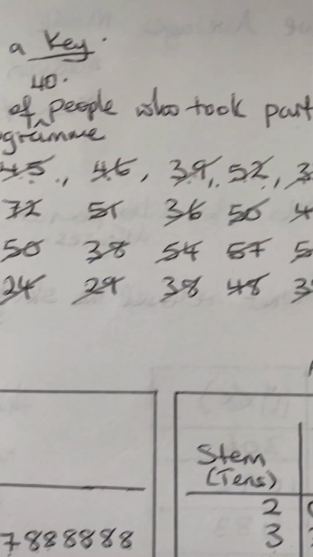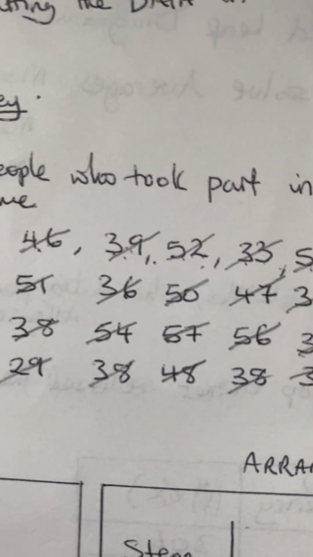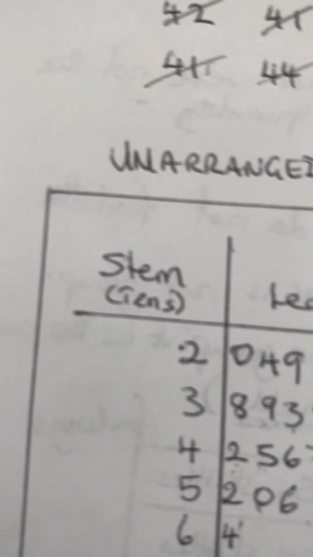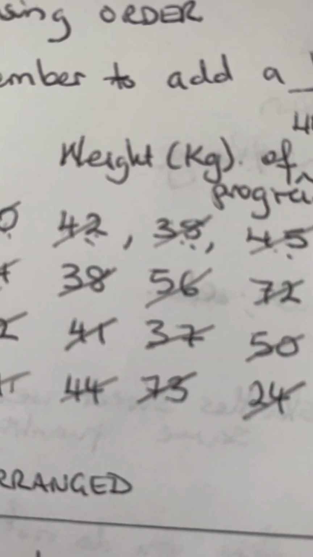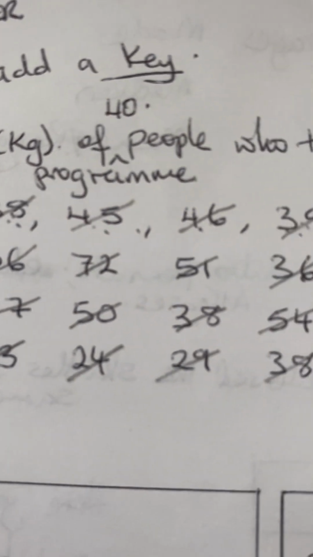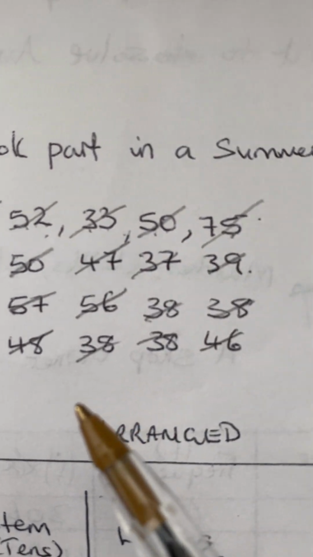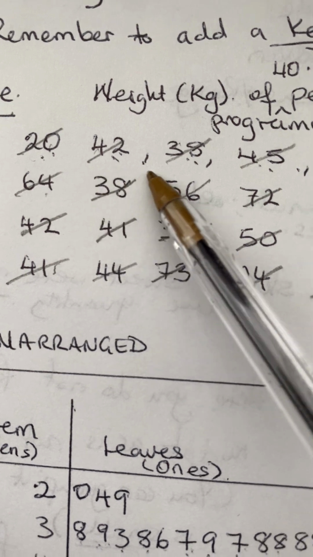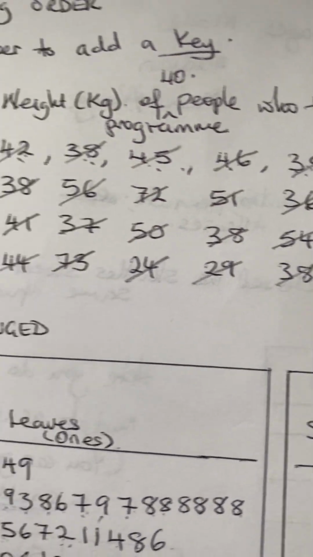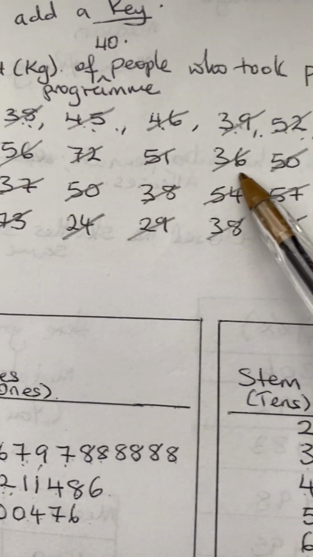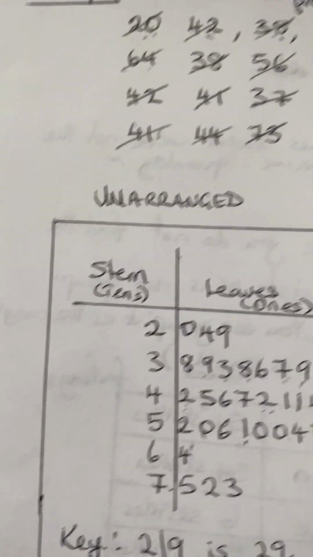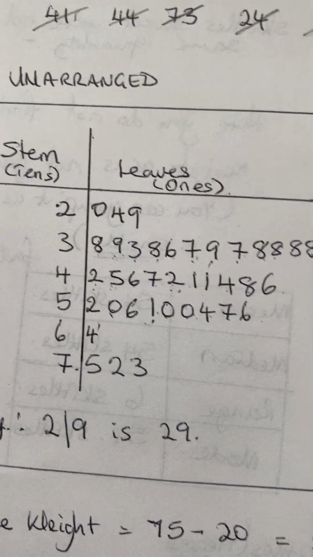56. 75, so I put 5. That would be my first row there. I've done the first row, and I've gone through all the data and put them all here.